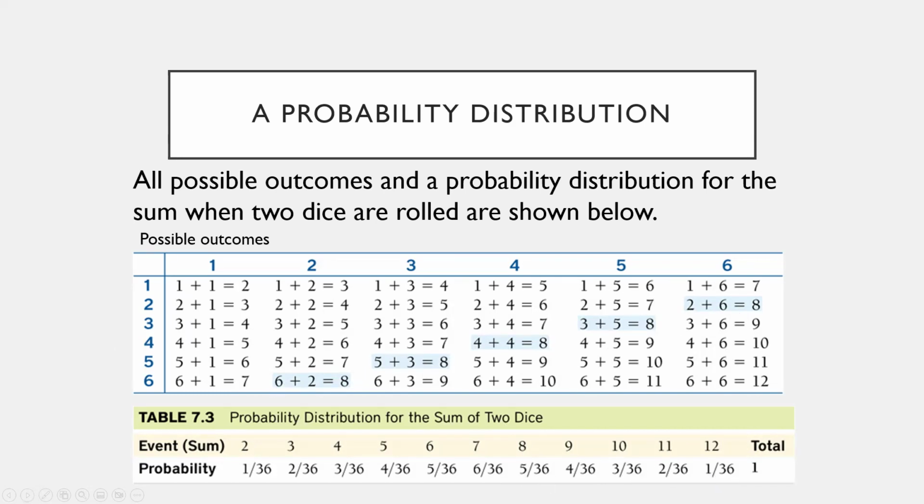I can add them all up and say 15 out of 36. 5 plus 4 plus 3 plus 2 plus 1 is 15 over 36. And whatever that simplifies to as a decimal is the percent likelihood that I'm going to get an 8 or greater on 2 six-sided dice.